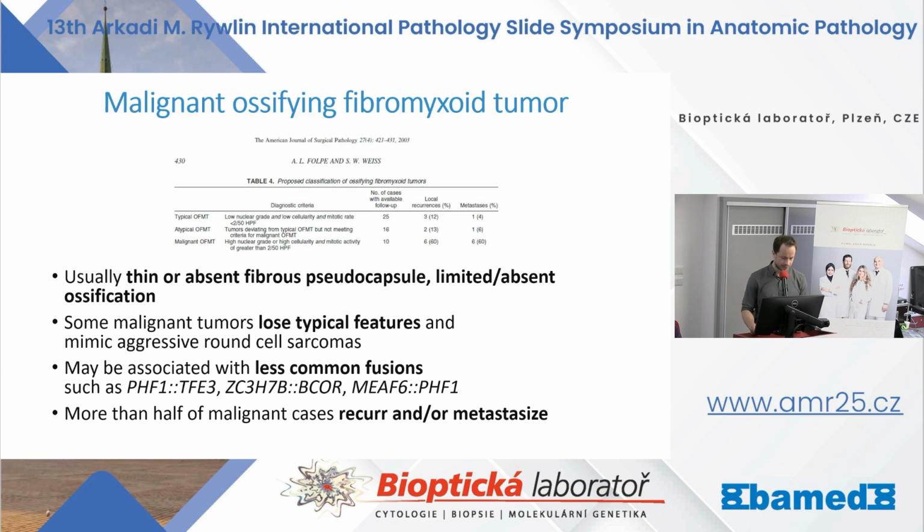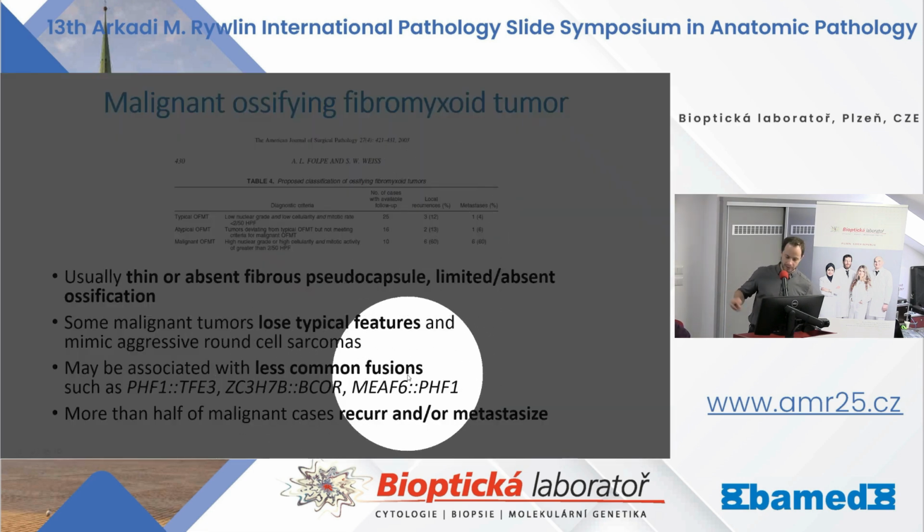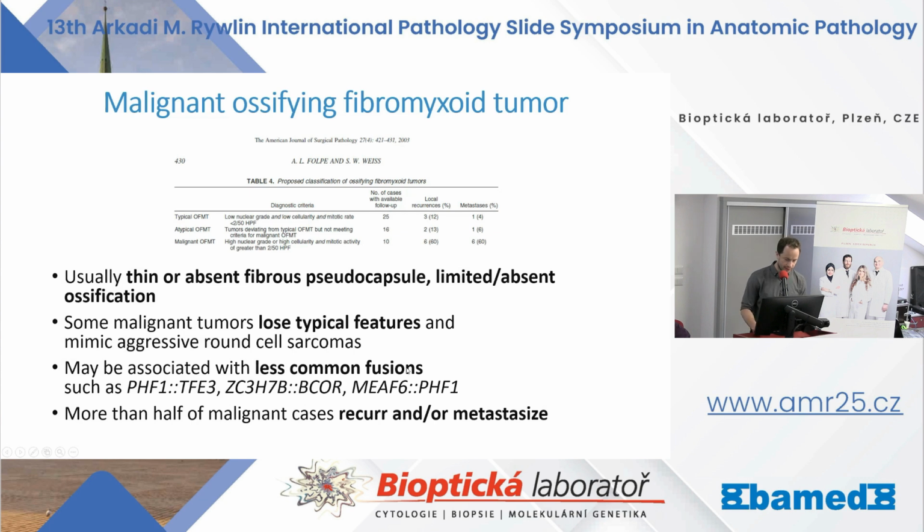And also, we've seen in the last years that the malignant OFMTs tend to be very often associated with PHF1-TFE3 fusions, or I would say the other way, PHF1-TFE3 fusions and these BCOR fusions tend to be very often malignant, much more than the other fusion subtypes.